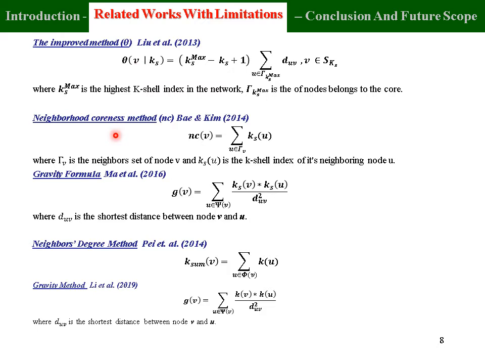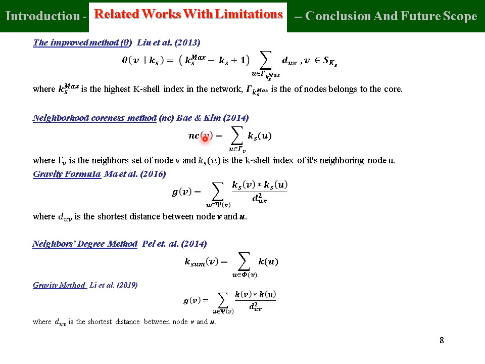Now coming to the neighborhood coordinates method by Bae and Kim in 2014. This is kind of simpler. We know that KS values are also known as coordinates values, because the innermost shell we call the core shell. So what neighborhood coordinates does is aggregate the coordinates values of a node's neighborhood. Suppose V is the concerned node.